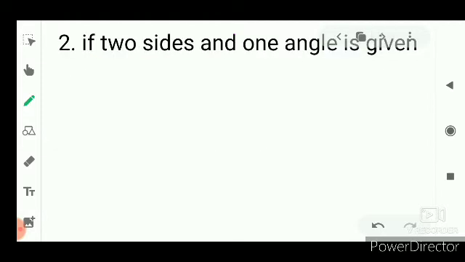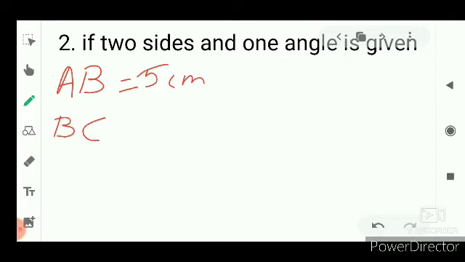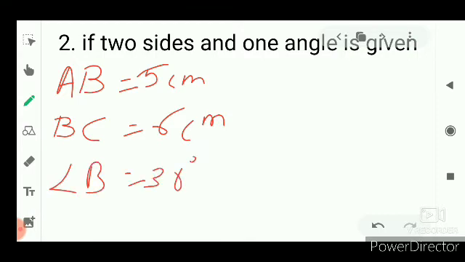The next thing that we have seen, if 2 sides and one angle of a triangle are given, then how to draw the triangle. Suppose in the triangle ABC, AB is given as 5 cm, BC is given as 6 cm, and angle B is equal to 30 degrees.